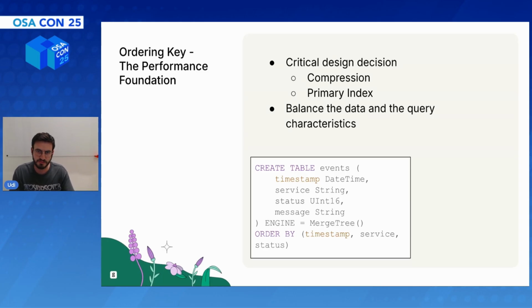But it also should consist of keys you normally filter on, so the primary index will come into effect. If you don't use the primary key, the ordering key, as a filter, then the primary index won't come into effect, and you'll probably end up scanning the whole table. There are also secondary indexes, but we won't get into them today.